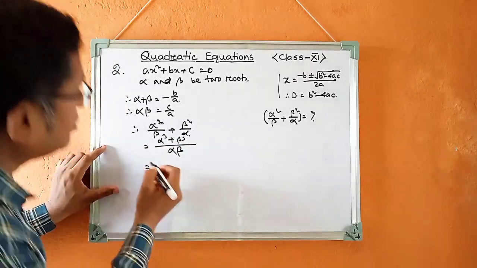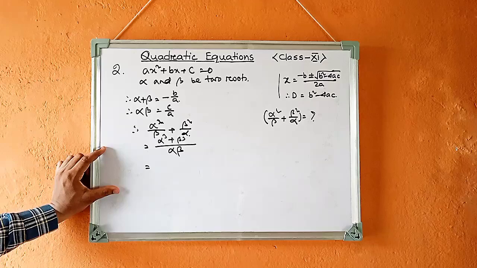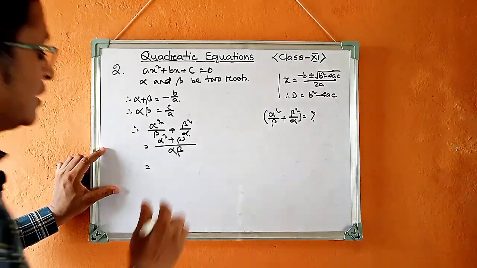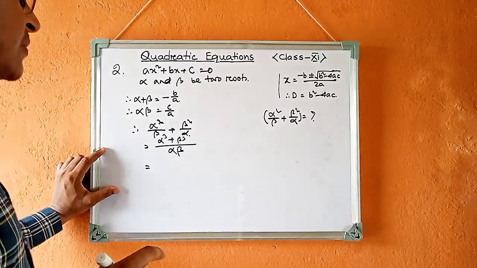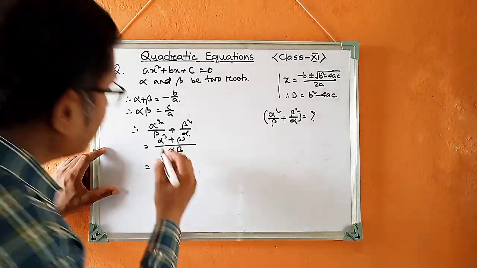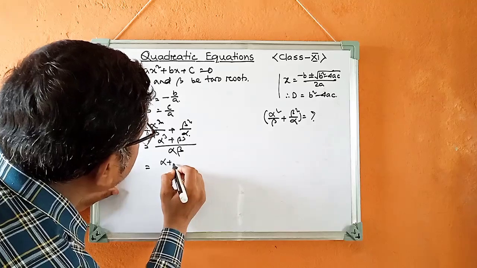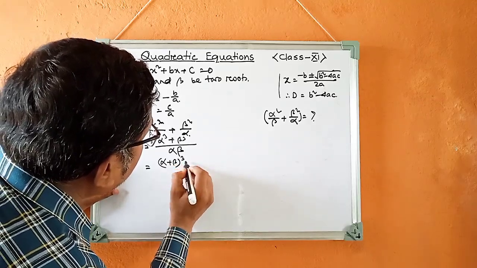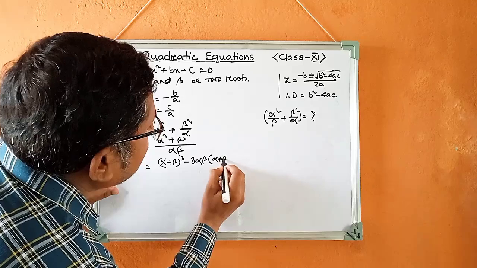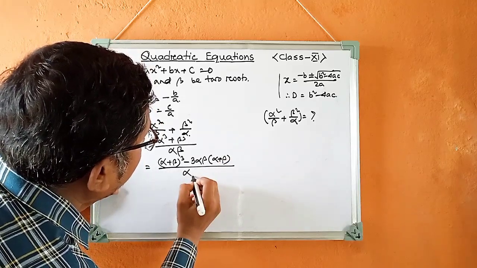Now put the formula of a cube plus b cube. All of you know the formula: a cube plus b cube means a plus b whole cube minus 3ab into a plus b. So here it is alpha plus beta whole cube minus 3 alpha beta into alpha plus beta, whole divided by alpha beta.